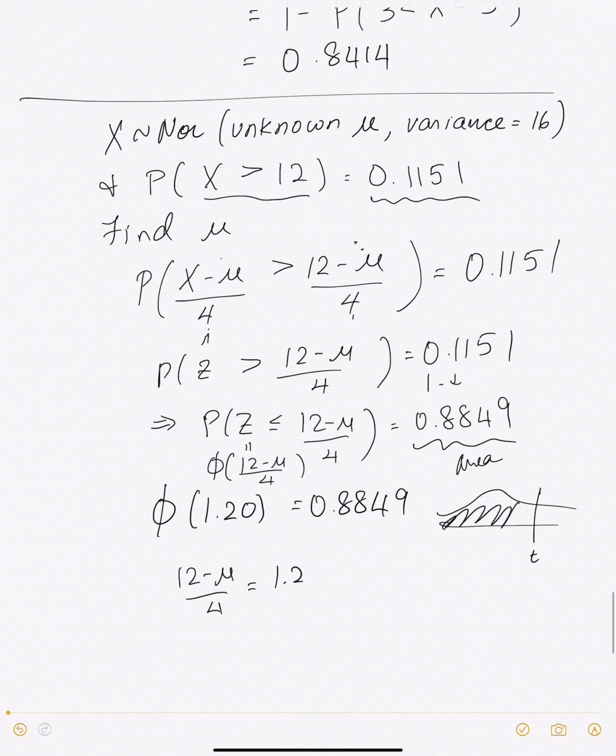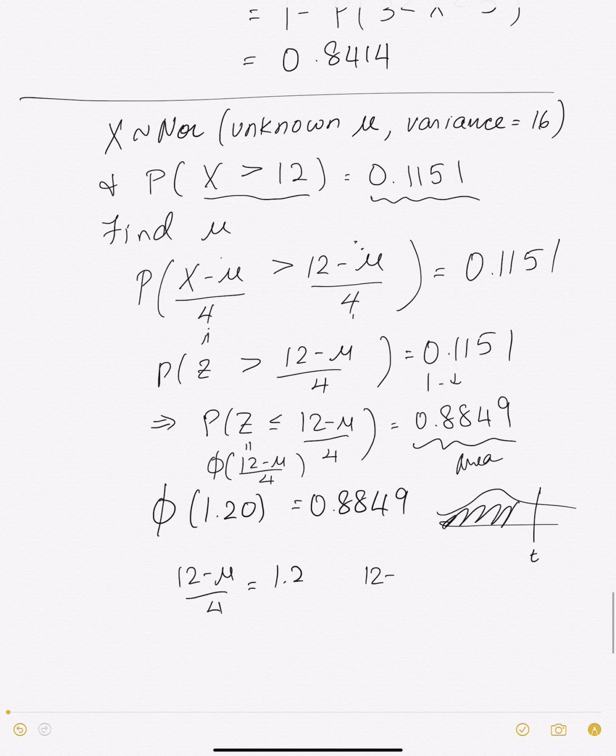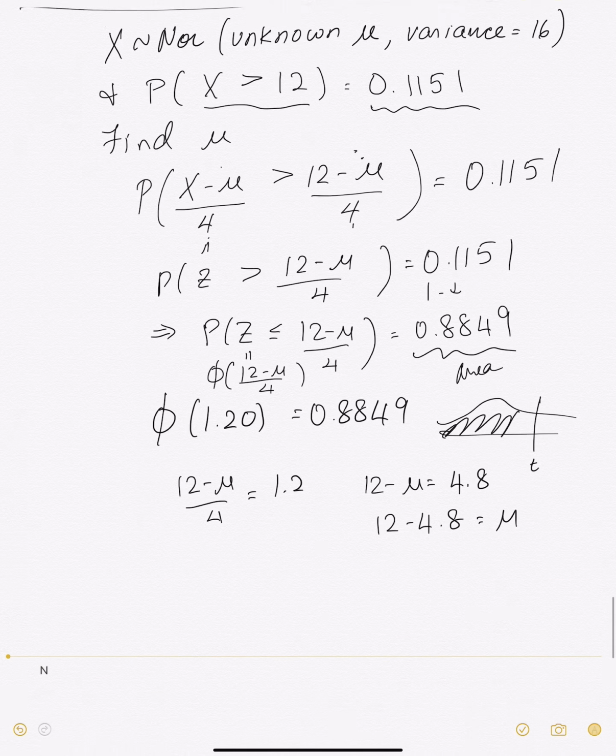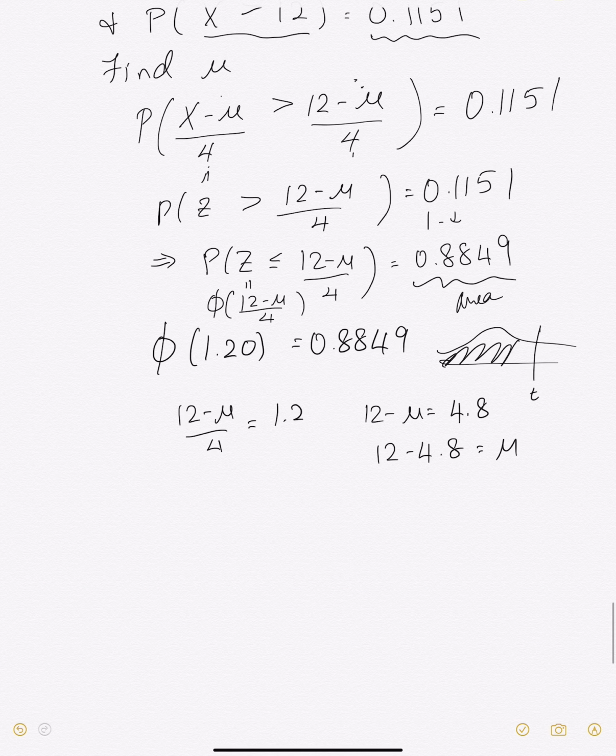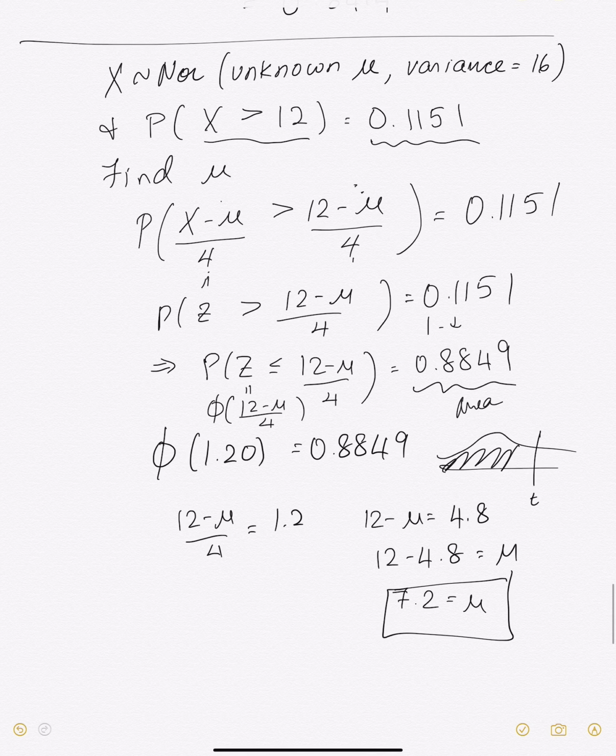And using that, you can find the mu. 12 minus mu is 4.8, or 12 minus 4.8 is your mu. Okay. And that tells you that 7.2 is mu.